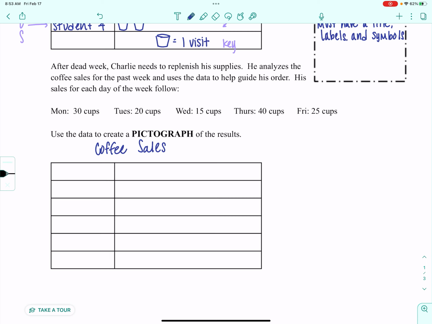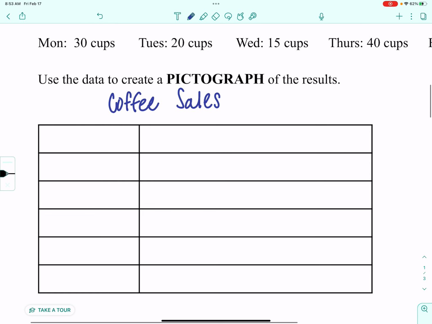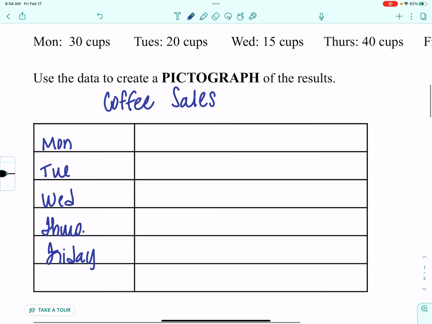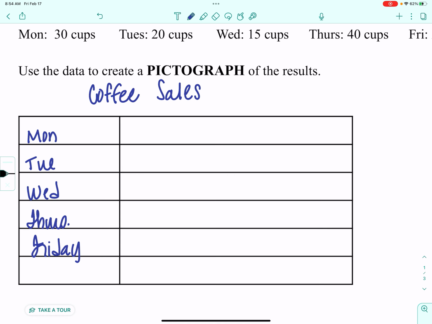We have 5 days that we're interested in. So we have Monday, Tuesday, Wednesday, Thursday, Friday. Now, when I go ahead and put in my symbols, I don't want to draw 40 coffee cups. I just don't. I don't even want to draw 15 of them.